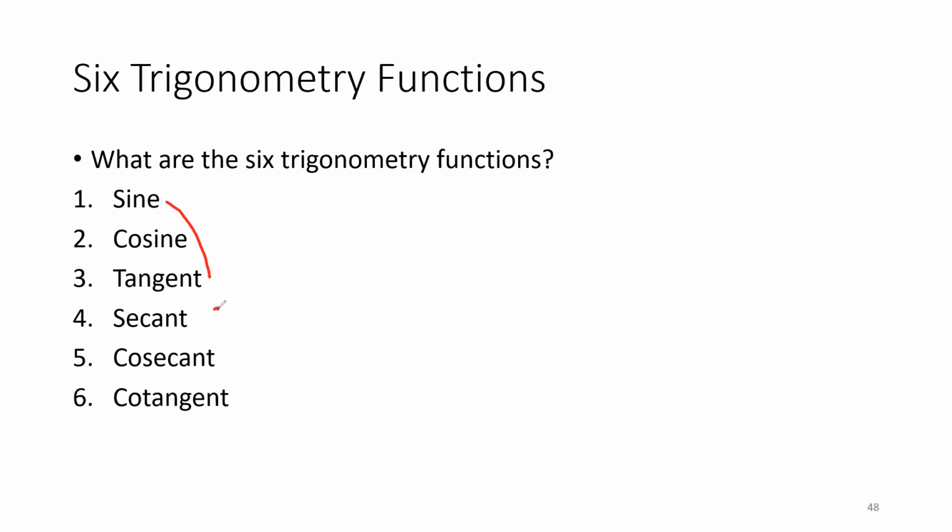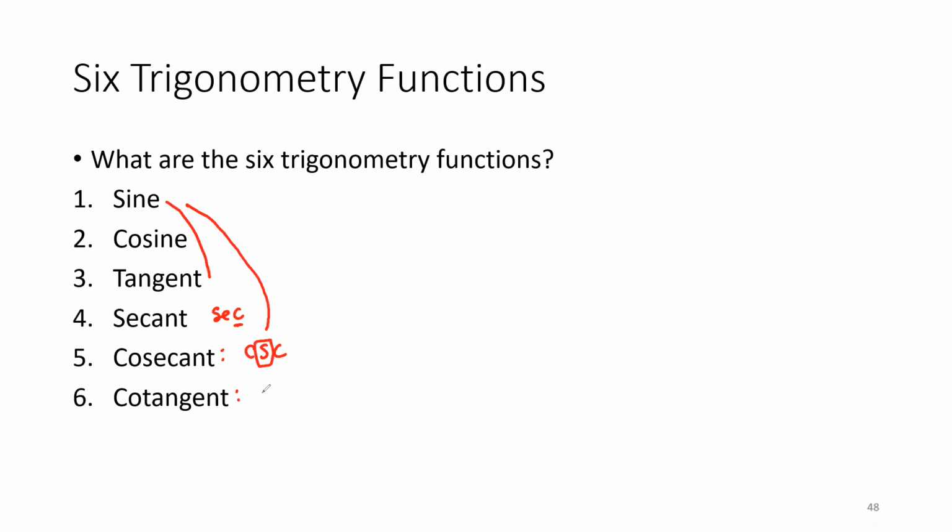Secant is abbreviated as SEC, and the clue is that it is the reciprocal of cosine because it has a C. Cosecant is abbreviated as CSC, and the trick is there is an S in the middle, so that's how you know it's related to sine, so it's the reciprocal of sine.